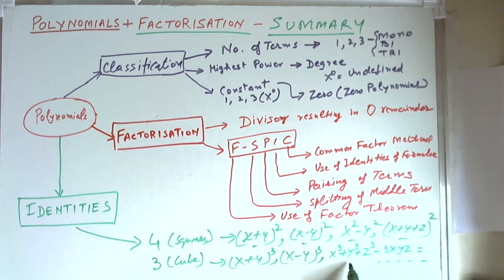And we also saw that for this particular x cube plus y cube plus z cube minus 3xyz, if x plus y plus z is equal to 0, then the right hand side expression becomes 0, and x cube plus y cube plus z cube will become equal to 3xyz.